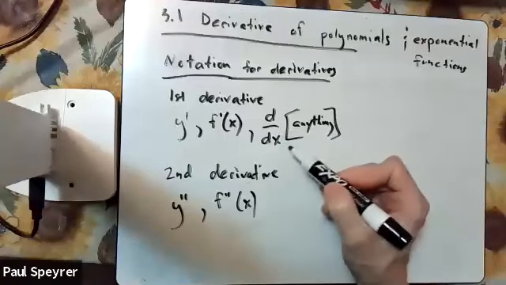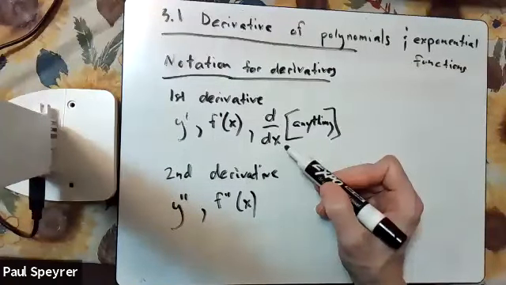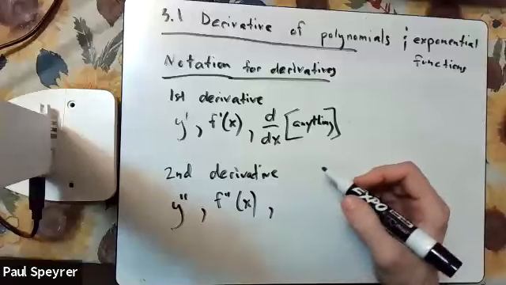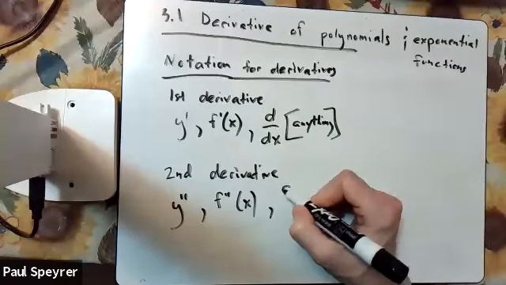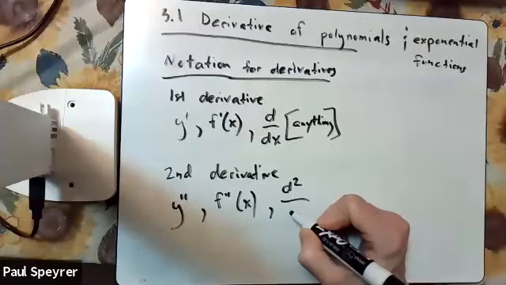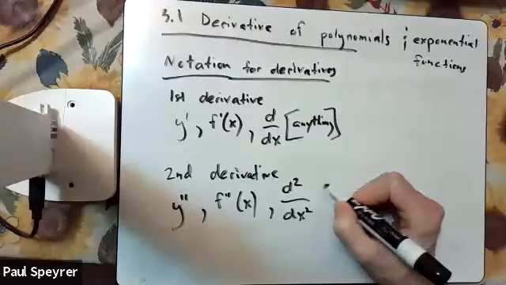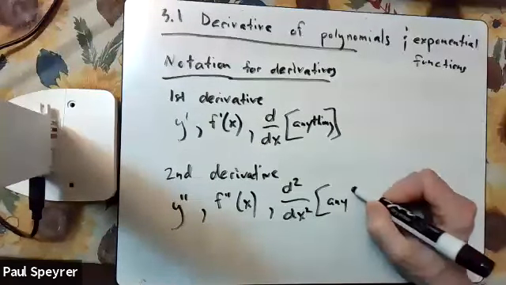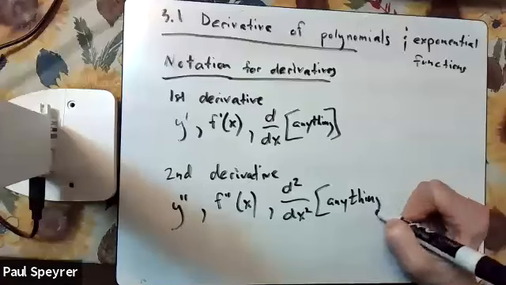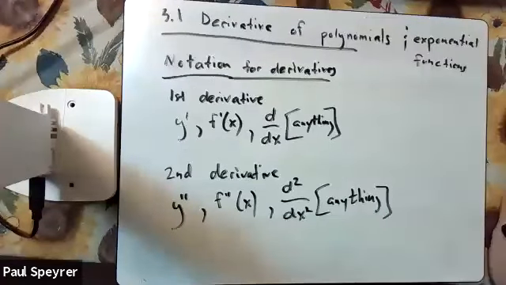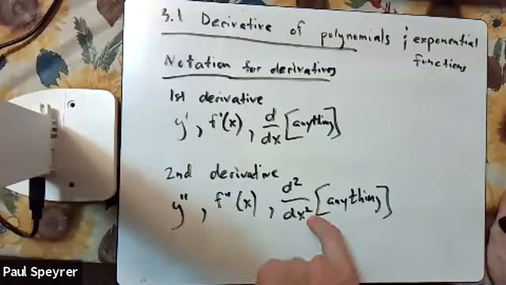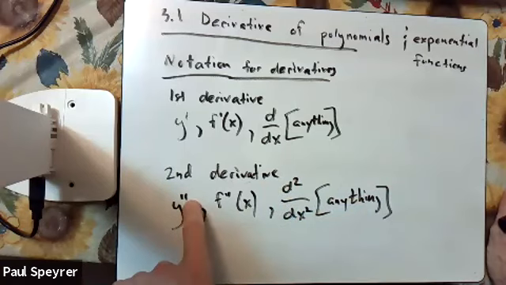And this third form right here, this d dx, it also exists as a second derivative, like d squared over dx squared of anything, or whatever it is you're taking the second derivative of. And then if this was a 3 and dx cubed, it'd be third derivative, or y prime prime prime, third derivative, and so on, like that.